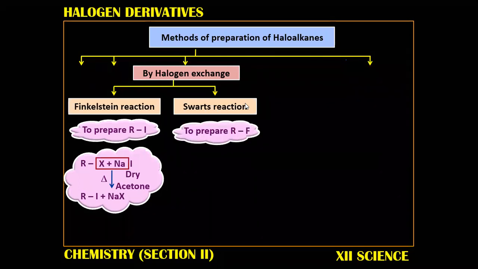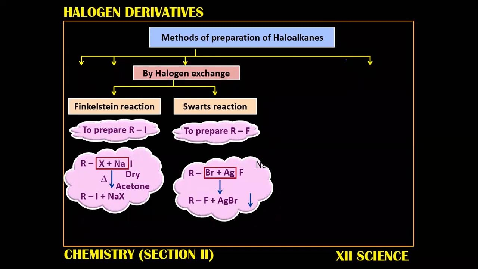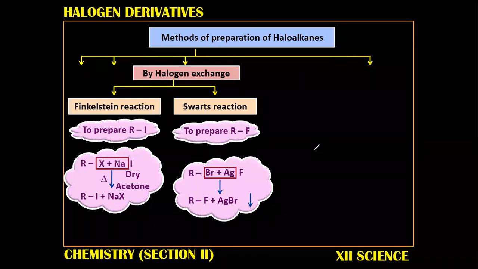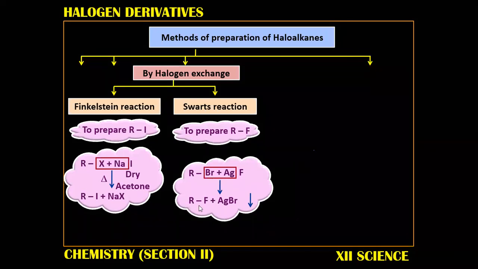Swarts reaction. Now, Swarts reaction is used to prepare alkyl fluorides. Now, this is the only reaction where we prepare alkyl fluorides. Here again we can take chlorine or bromine and replace it with fluoride.